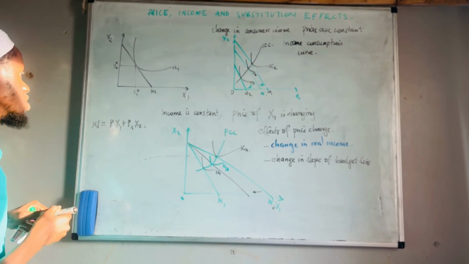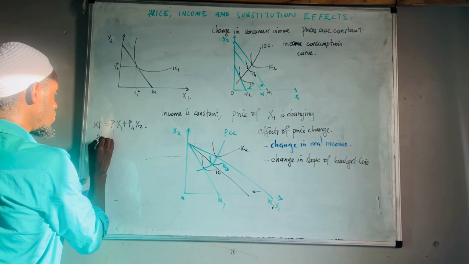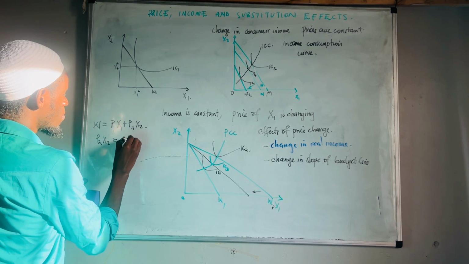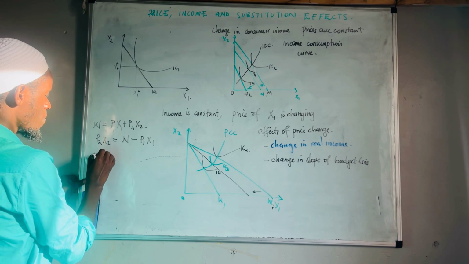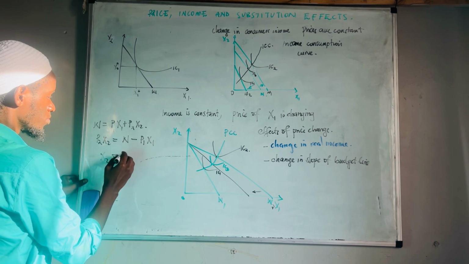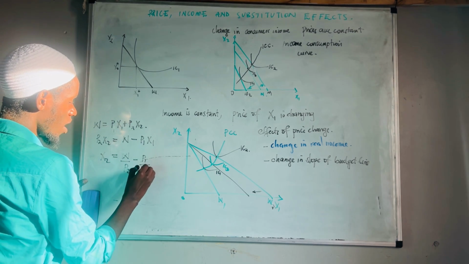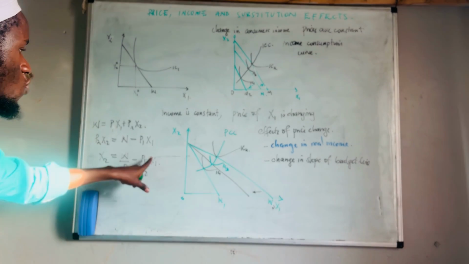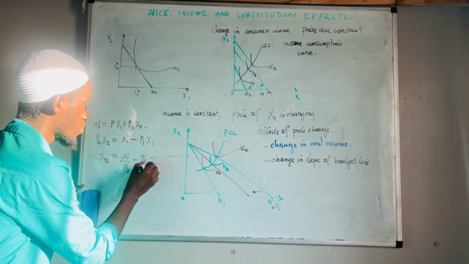So P2 X2 equals W minus P1 X1. If I divide through by P2, I have X2 equals W over P2 minus P1 over P2 X1. Now, since X1 is on my x-axis, the coefficient of X1 becomes my slope.